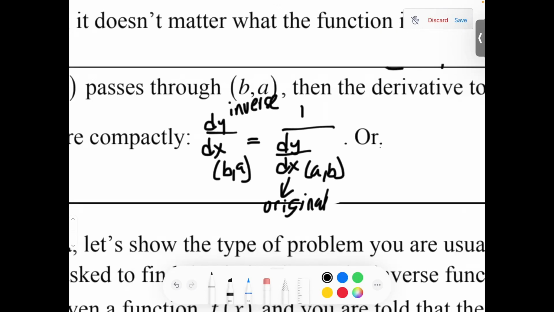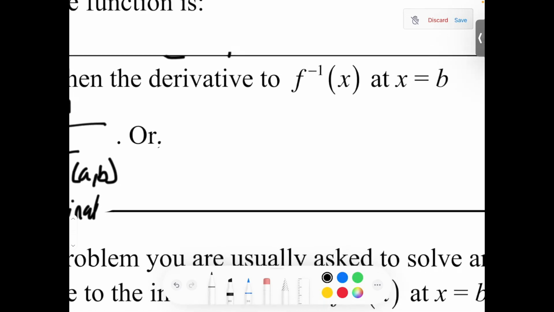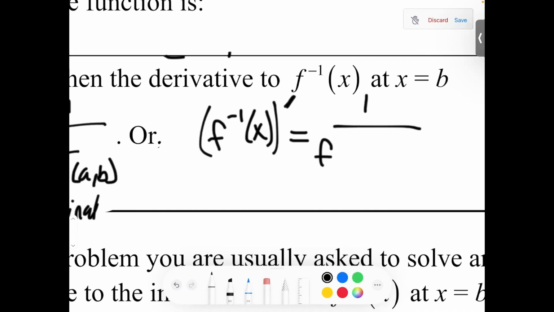Another way to say that would be to say that f inverse of x prime, so the derivative of the inverse function, is equal to 1 over f prime of f inverse of x.